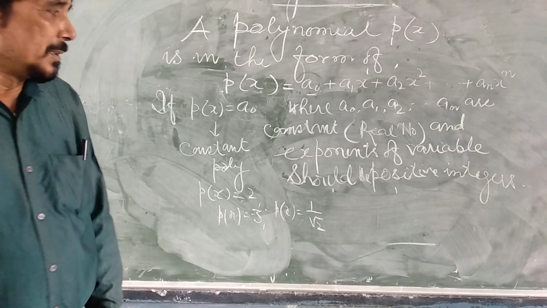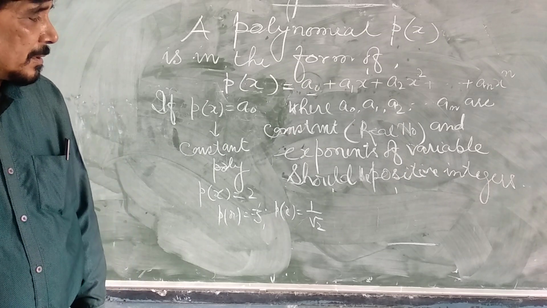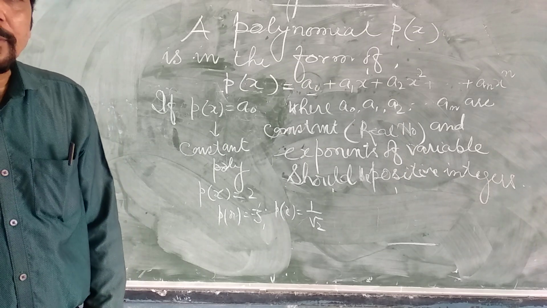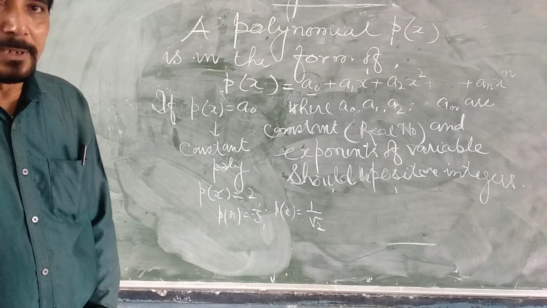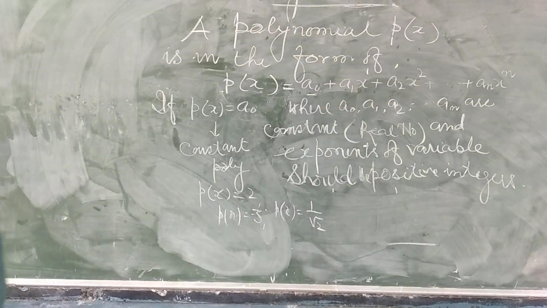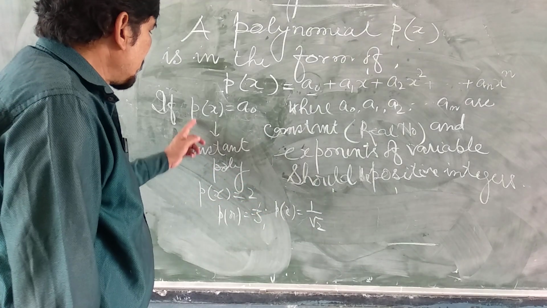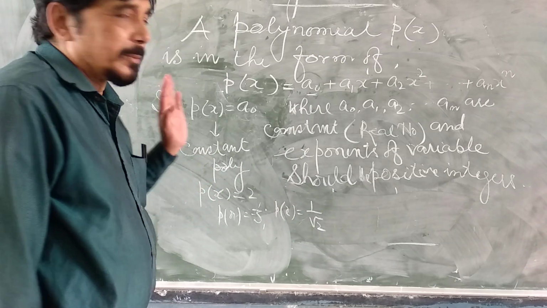Every number is said to be a real number. We are talking about real numbers here. Okay, so if the expression is given only as a real number, then it is called a constant polynomial.